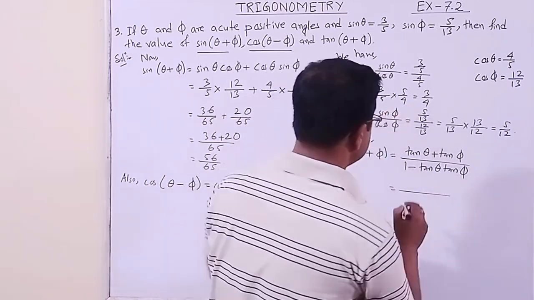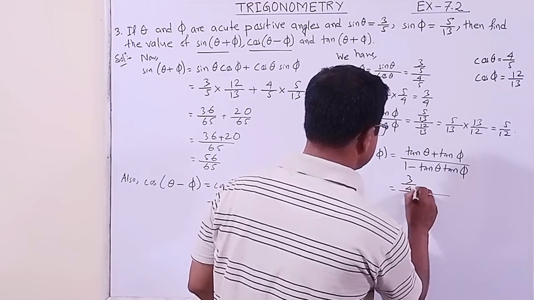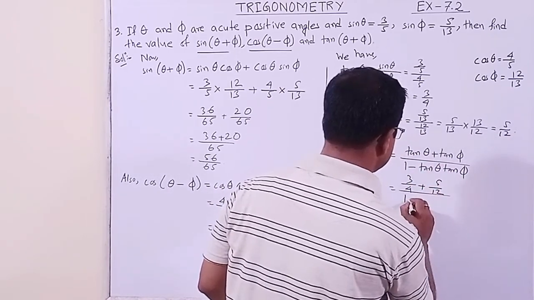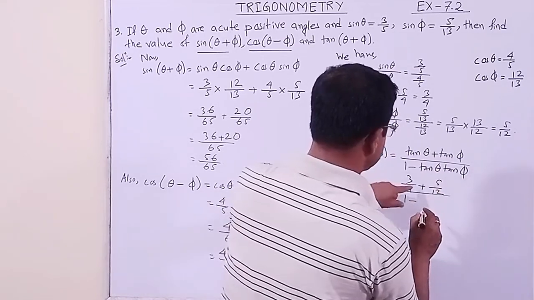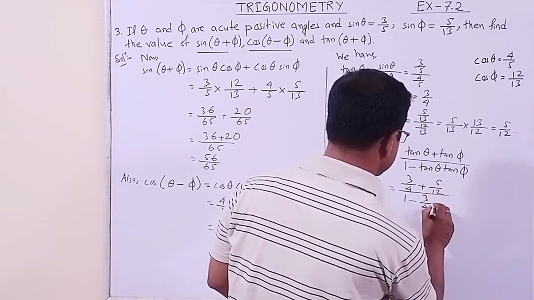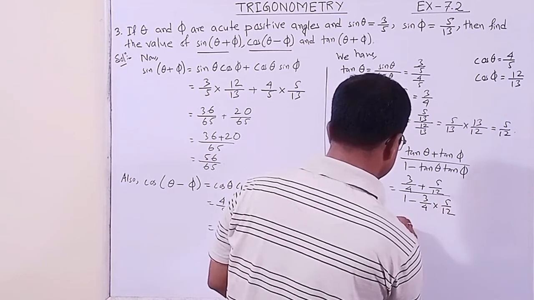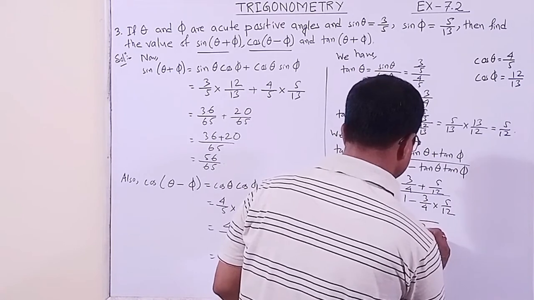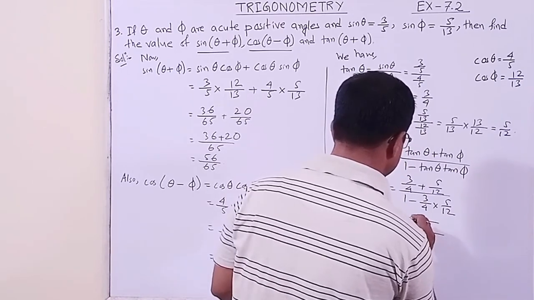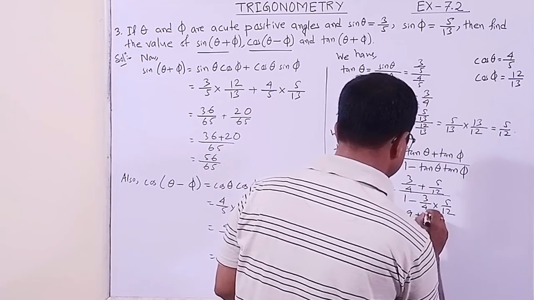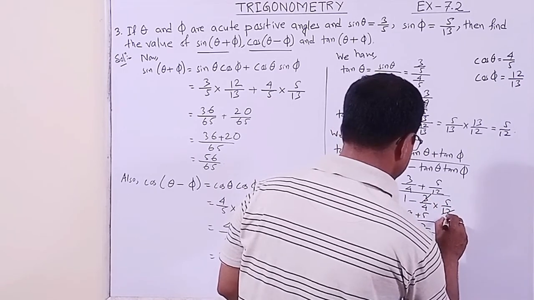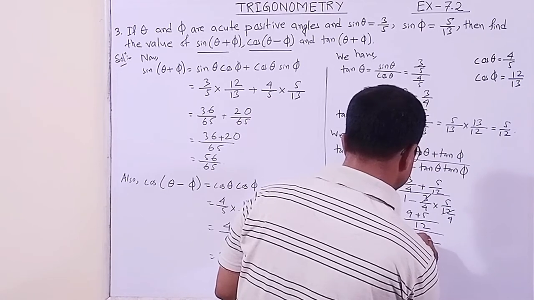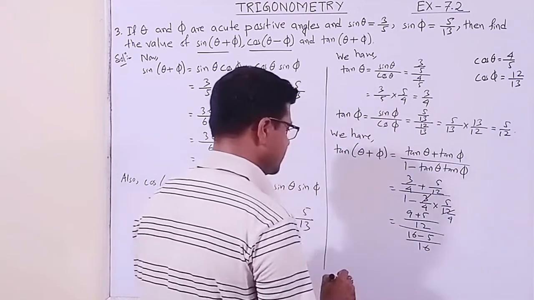Tan theta means 3 by 4 plus tan phi 5 by 12, over 1 minus tan theta, which we have just found is 3 by 4, into 5 by 12. Okay, now LCM is 12. So 12 divided by 4 is 3, 3 into 3 is 9. It is 5, 3 plus 5. This is 4. Okay, so LCM is 16. 16 minus 5. Done.